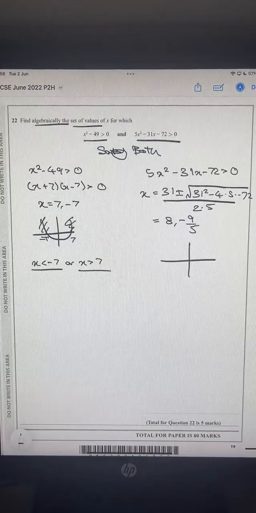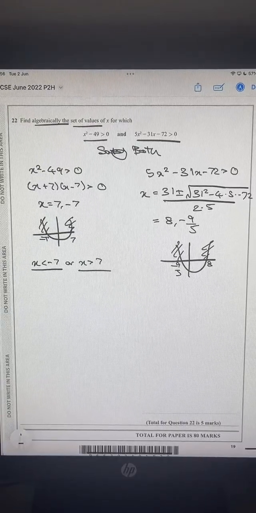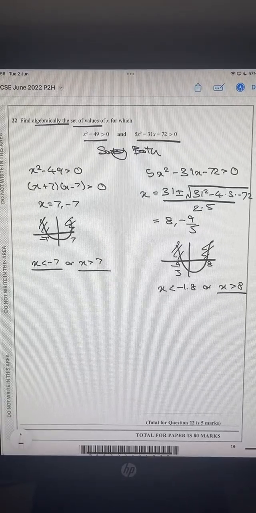And then if I have my graph, we know that it's at 8 and negative 9 by 5. So there's my thing there, and it's going to be greater than 0. So it's the part that is above the graph, greater than 0. And none of them are equal to, so it is a strict inequality. So we know that x is going to be less than negative 9 over 5, which is negative 1.8, or x is going to be greater than 8.